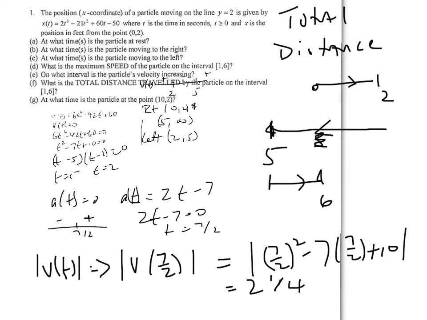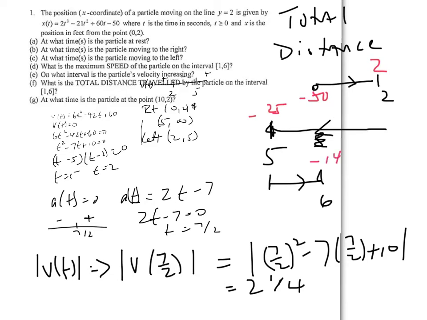So our original plot for at 0 for our position is at negative 50. So this value is negative 50. At 2, when we plug in 2, you get 2. At 5, you get negative 25. And then at 6, you get negative 14.